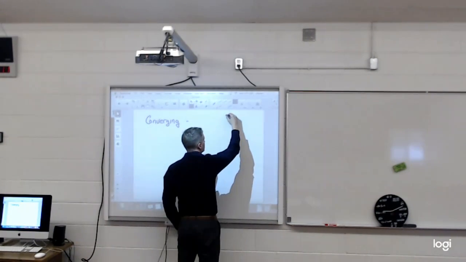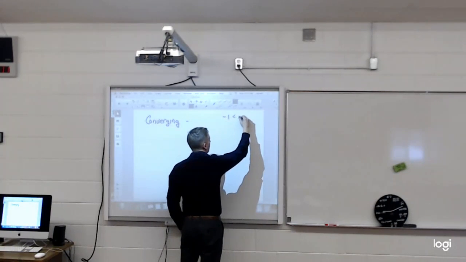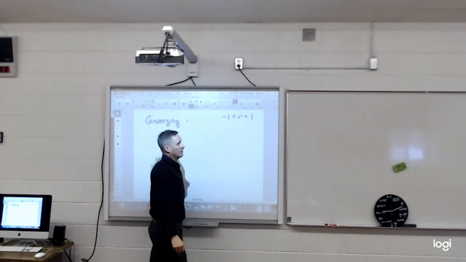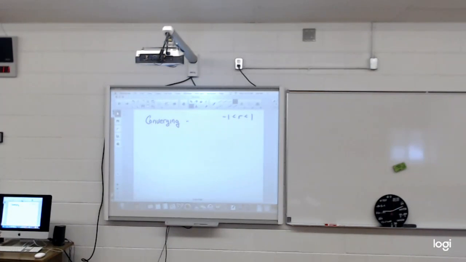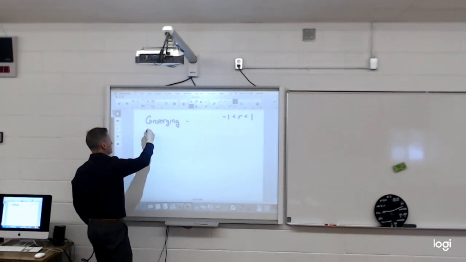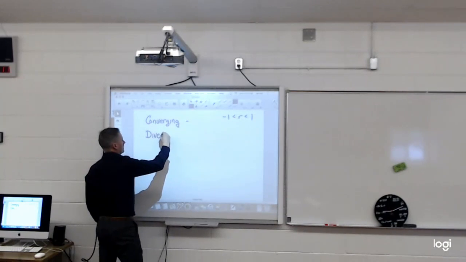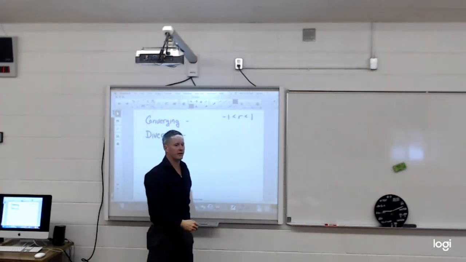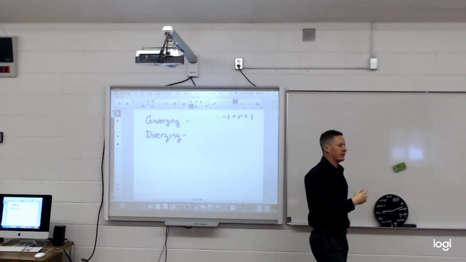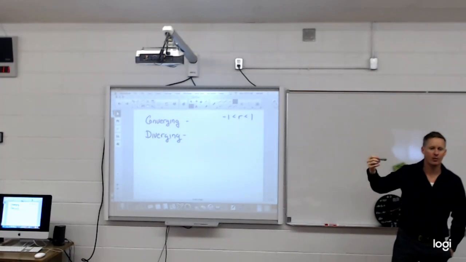So that is when your r is between -1 and 1. That's a converging one. A diverging one means that your series is going to go forever, but it's never actually going to have an end point.